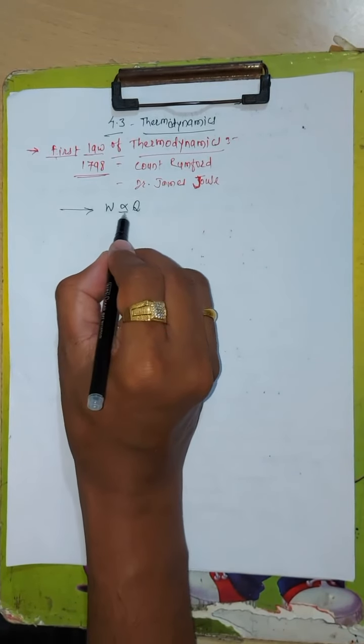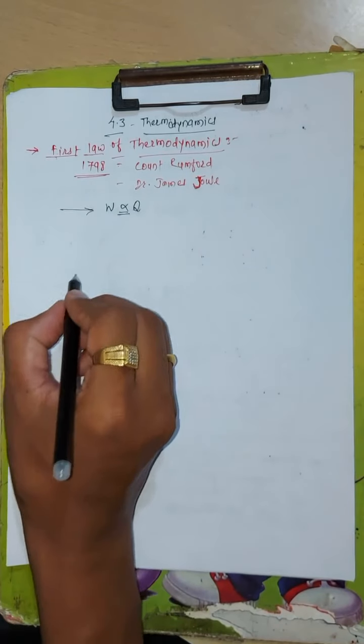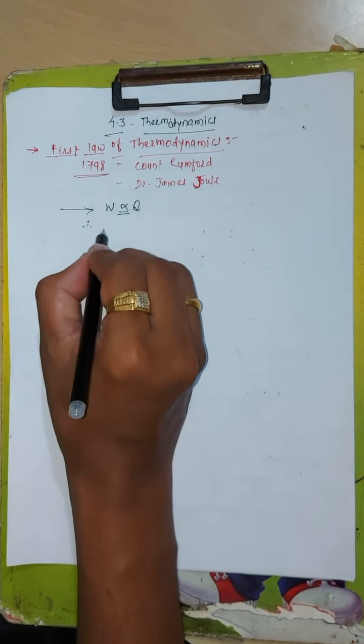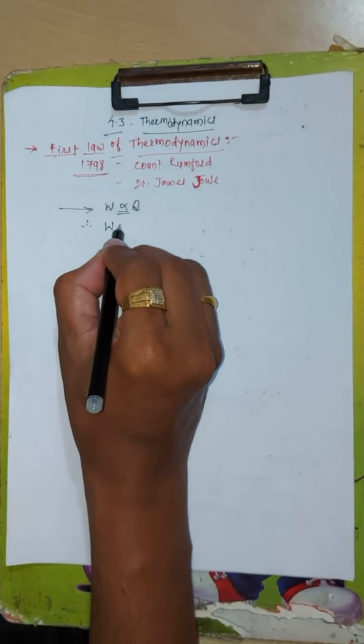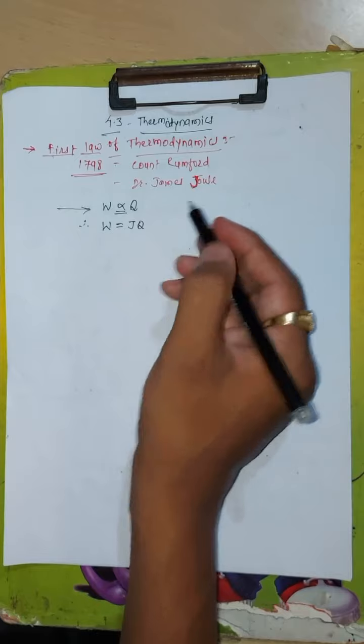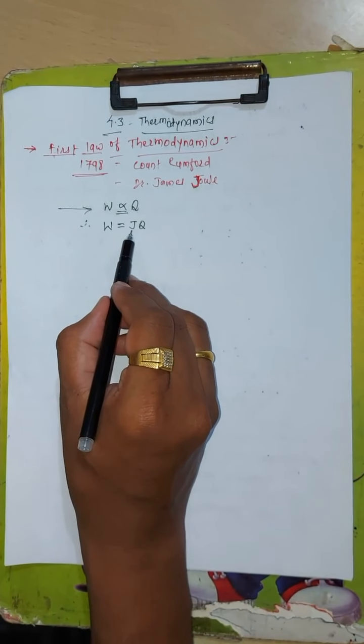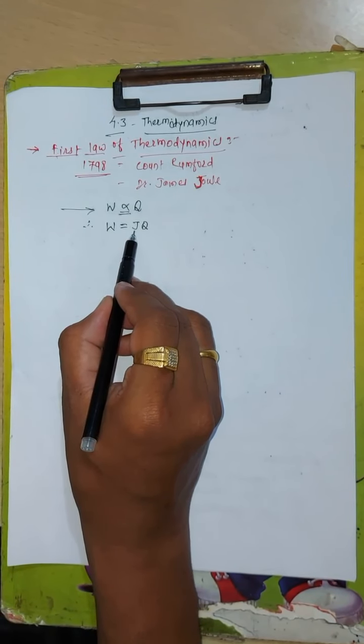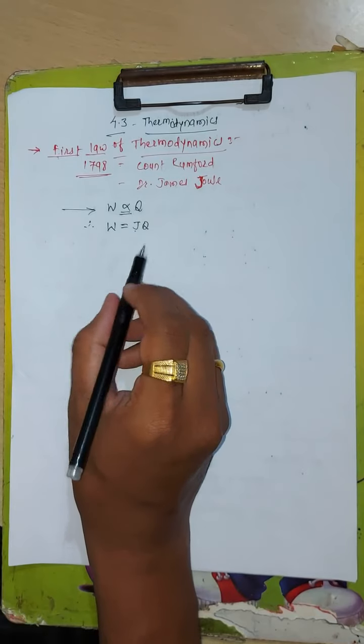If we remove the sign of proportionality, then we have to add a constant of proportionality, and the equation can be written as W = J Q, where J is Joule's constant, or the constant of proportionality.